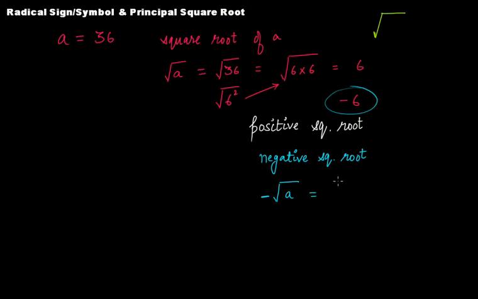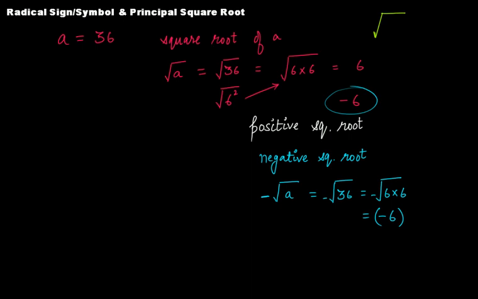It means that you are now talking about this negative square root. So here you get minus 6. Okay, so this one is important, the principal square root. If you simply put this radical sign and symbol without any negative sign, it means that you are talking about the positive square root, or the principal square root.